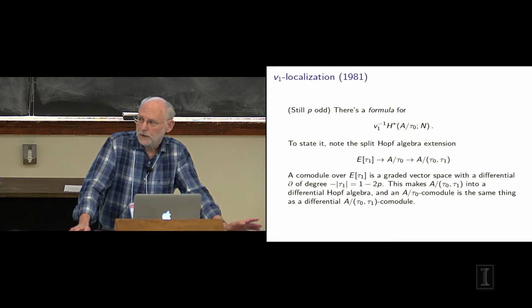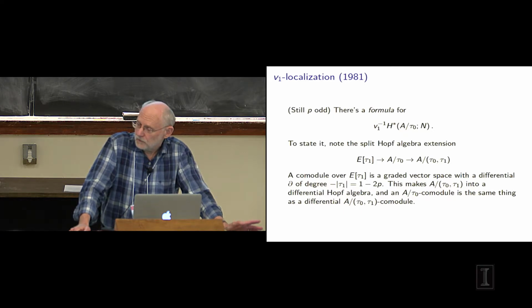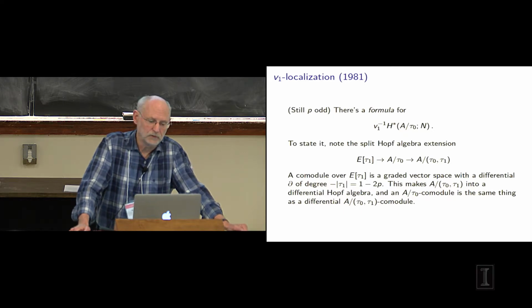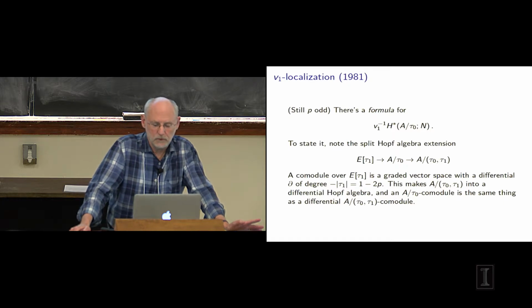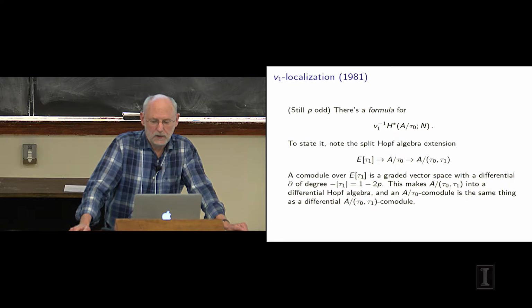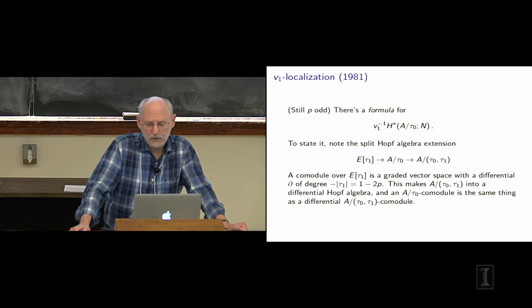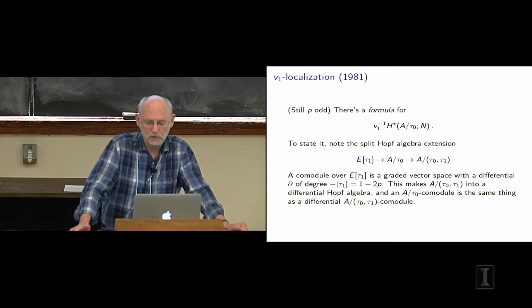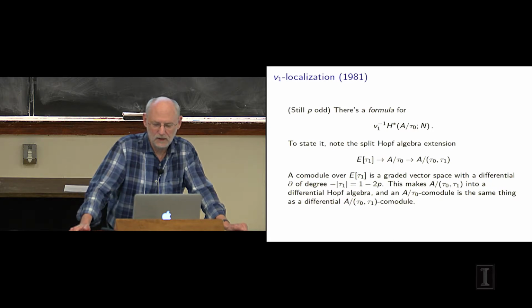A comodule over that exterior algebra is just a differential on a graded vector space. The differential has degree the negative of the degree of tau 1. And the extension provides you with a comodule algebra structure on A mod tau 0 and tau 1. That becomes a differential Hopf algebra.